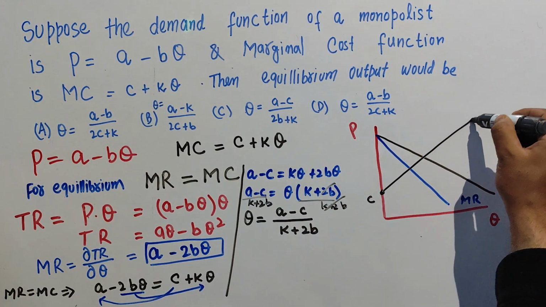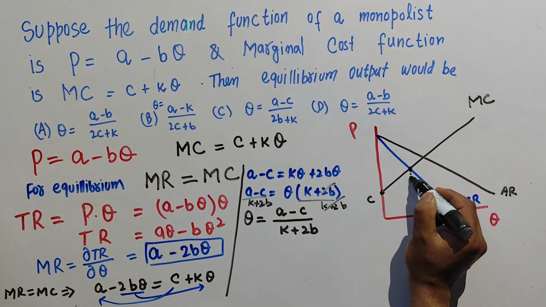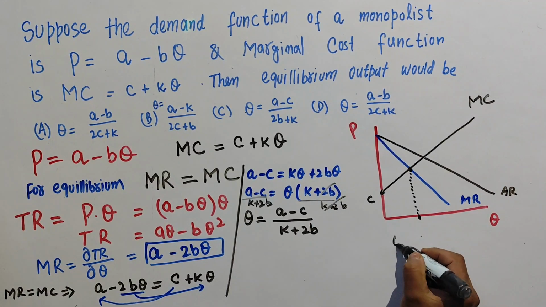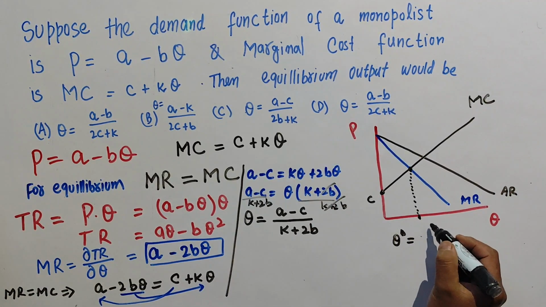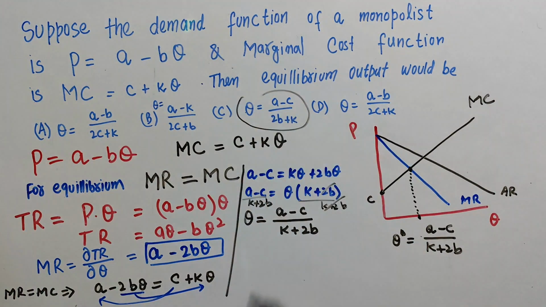Let us say this is the marginal cost function. Equilibrium occurs where marginal revenue equals marginal cost. This point gives us Q*, the equilibrium level of output, which is equal to (A - C)/(K + 2B). I hope I made myself clear in this video. So the correct option should be option C here.